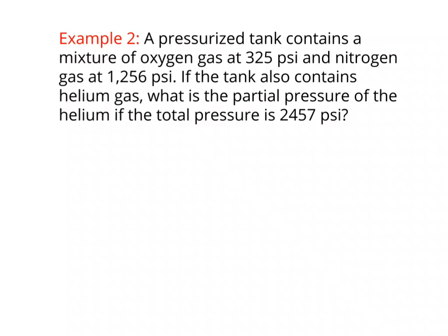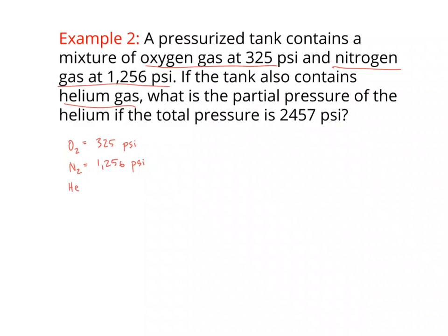I've got oxygen gas at 325, so I'm going to write oxygen gas at 325. I've got nitrogen gas at 1,256. It says the tank also contains helium gas. What is the partial pressure of helium if the total pressure is 2,457?